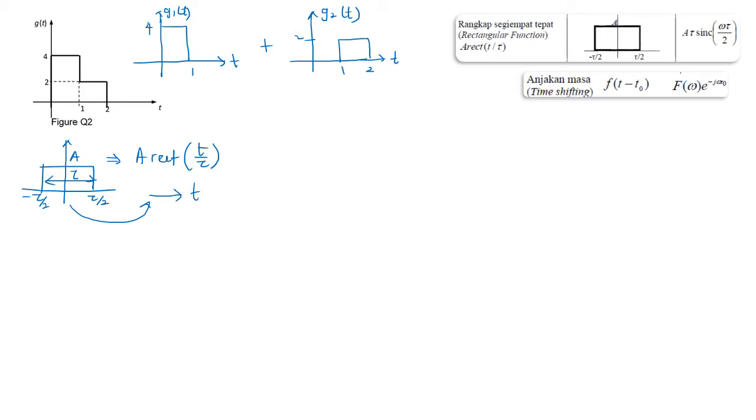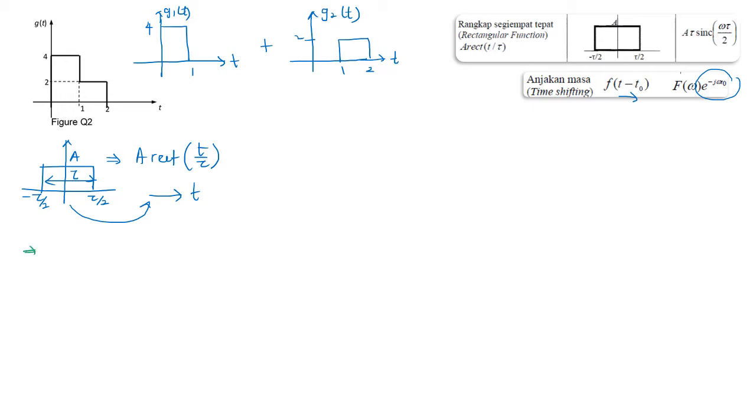Therefore you need to consider the time shifting as well. In the Fourier transform table, if you have shifting in the time domain, there will be multiplication with an exponential function in the frequency domain. So let's start writing the g1(t) equation.